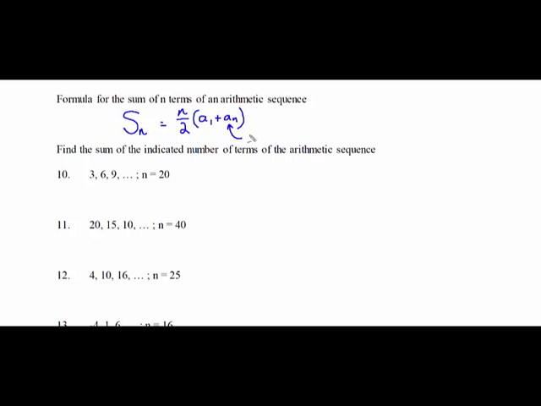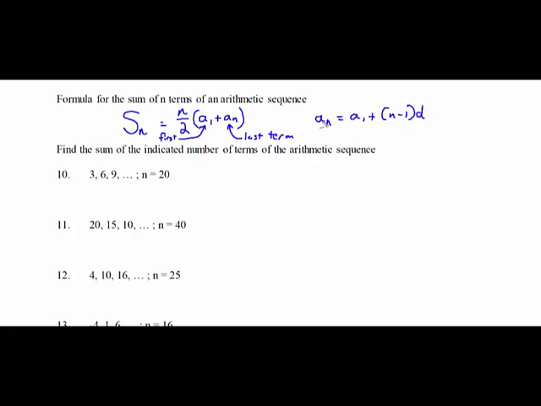The last term is a sub n, and we know from earlier videos that a sub 1 is our first. In case we don't know the last term, we're used to using the equation a sub n is equal to the first term plus n minus 1 times d.